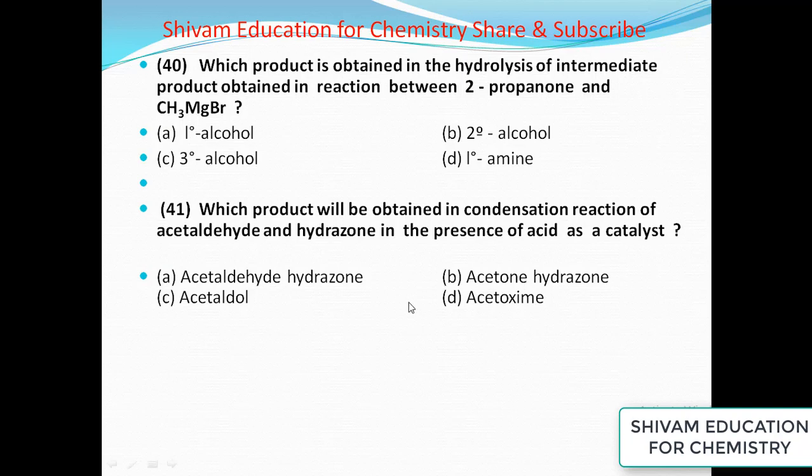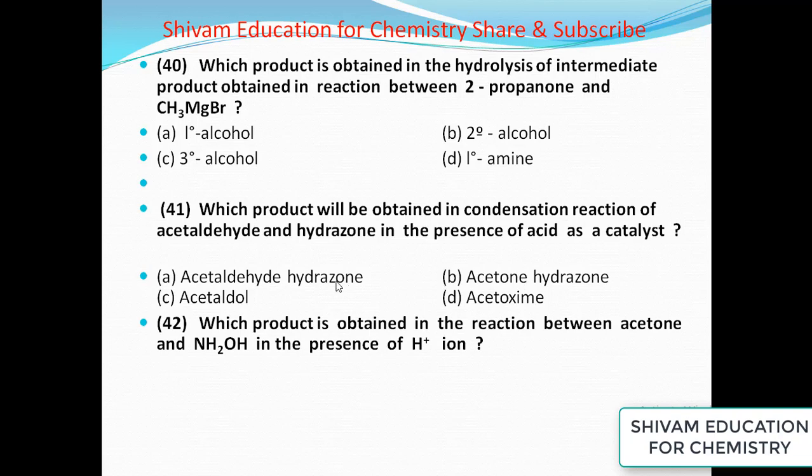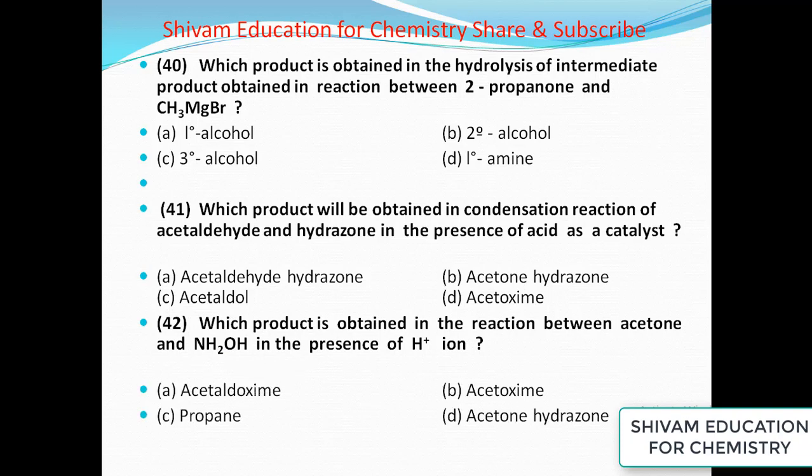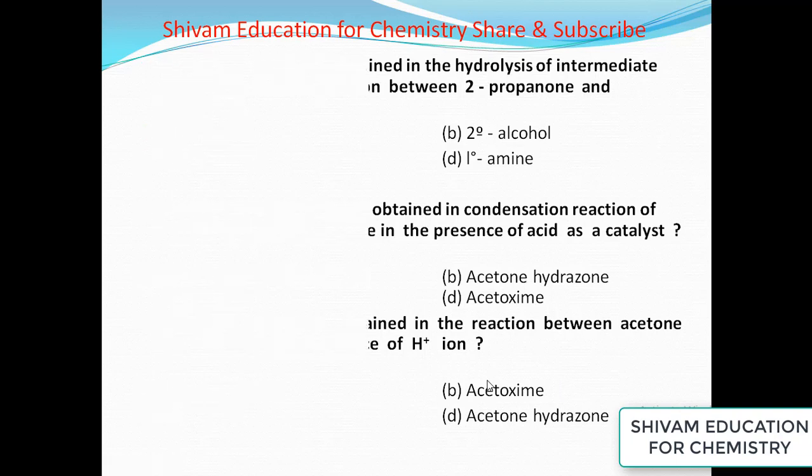So answer of this question is A, acetaldehyde hydrazone. Now question number 42. Which product is obtained in the reaction of acetone with NH2OH in the presence of H plus ion? Now acetone की condensation reaction हुई hydroxyl amine के साथ, then it giving us acetoxime. So answer of this question will be out of this four, B, acetoxime. Acetoxime will be obtained.